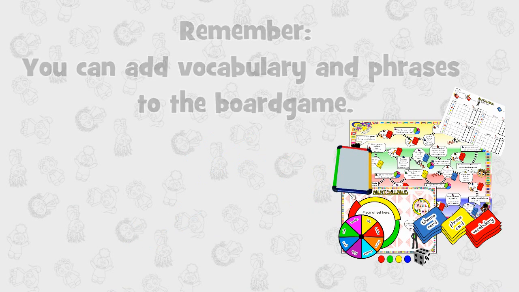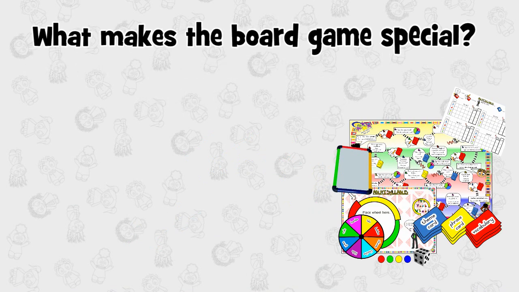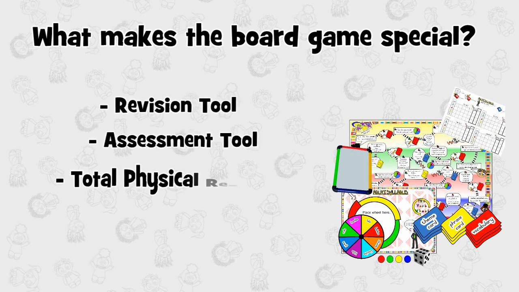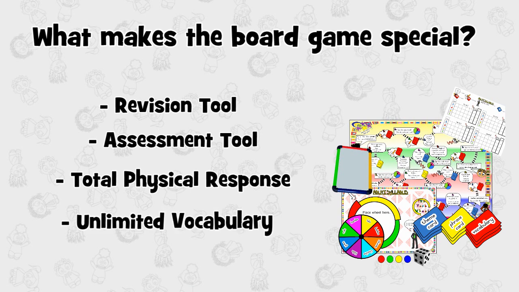So what makes this board game special? Not only can it be used as a revision tool, but also as an assessment tool. It incorporates total physical response, and there is no limit to adding new vocabulary.